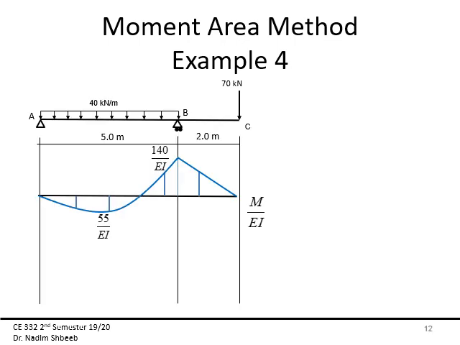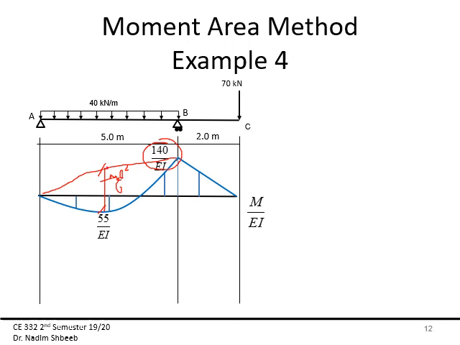So now if I'm going to draw the actual M over EI diagram for this question right here, again, I'm going to use my technique, which is 70 times 2. This is 140 over EI. Then I'm going to do this line, and then I'm going to go down WL squared over 8. WL squared over 8 here is going to be 40 times 25 divided by 8, and it's going to give me 125 over EI.